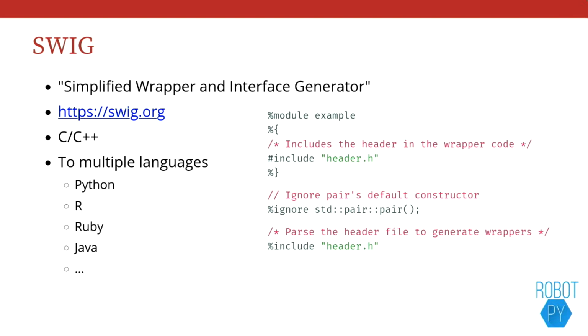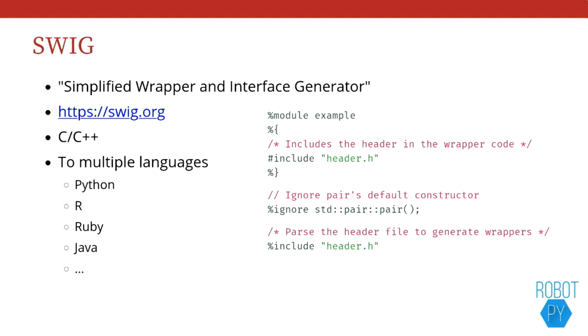One option that you might have is SWIG, or the Simplified Wrapper and Interface Generator. This lets you take some C or C++ and output a bunch of bindings for multiple different languages. This is one of the oldest ones that I could find, and the fact that it works across so many different languages is probably a testament to how mature it is.